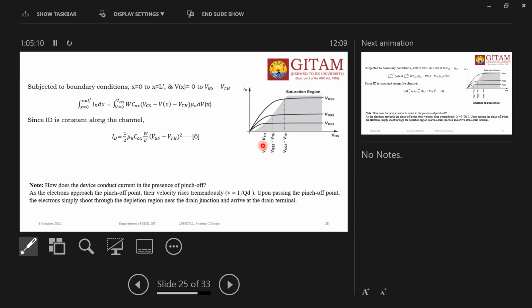I hope you understand. It comes to the pinch off point and cannot stop because it is coming with a very high velocity as QD decreases, so it suddenly jumps to the drain. That's why a constant amount of current is flowing. That is the fact.